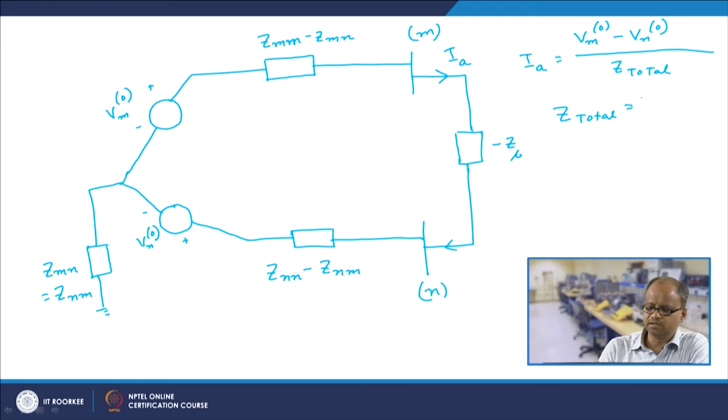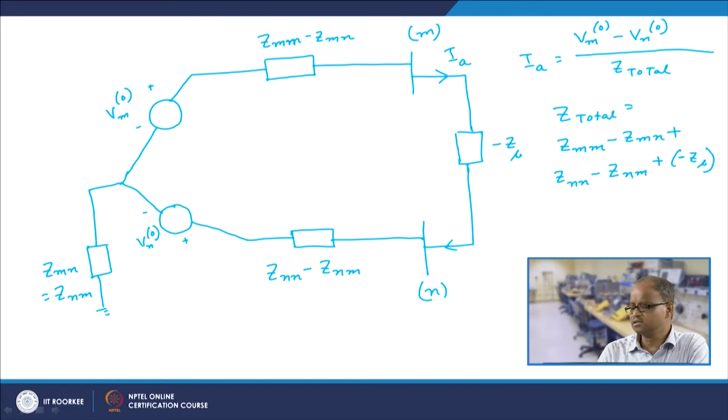It is nothing but a series circuit. Z_total is Z_mm minus Z_mn plus Z_nn minus Z_nm plus minus Z_b.